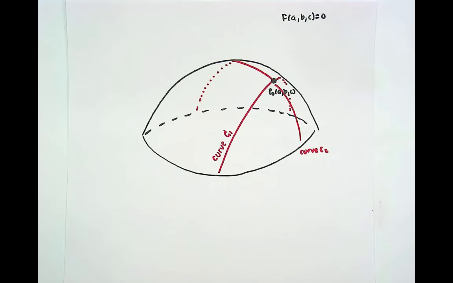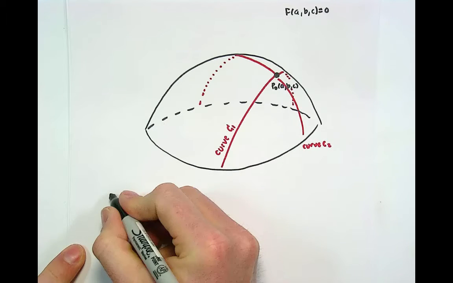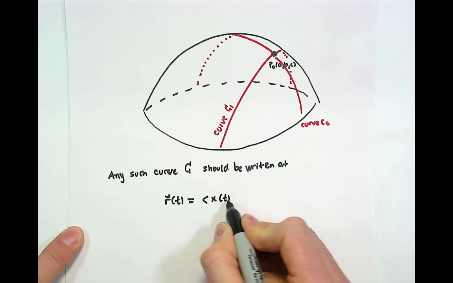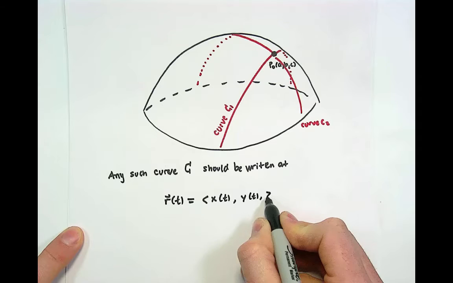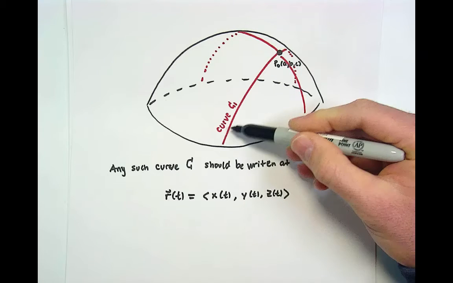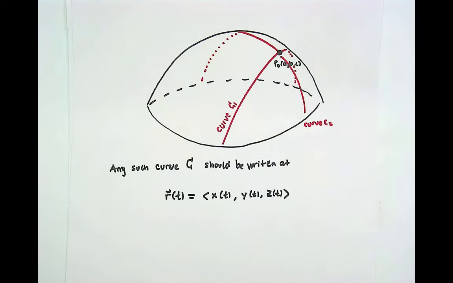So in general, when you look at the equation for any curve, the curve should be written as a set of 3 components, x of t, y of t, z of t. And then moreover, we're going to restrict those components to the surface itself.